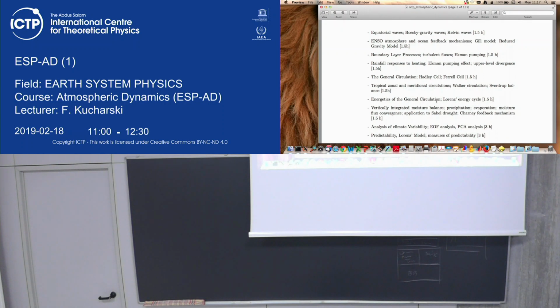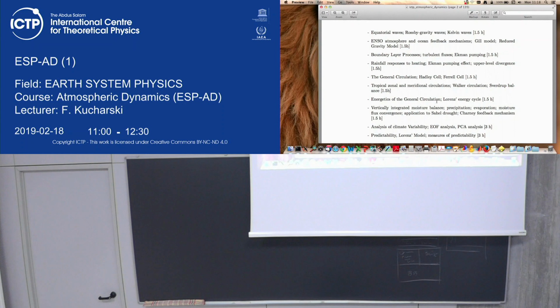Some of the teleconnection mechanisms we will discuss here, mainly the rainfall responses to a localized heating. Then that information somehow spreads around the globe and causes teleconnections all over the world. So this is actually one of my main interests in my own research.